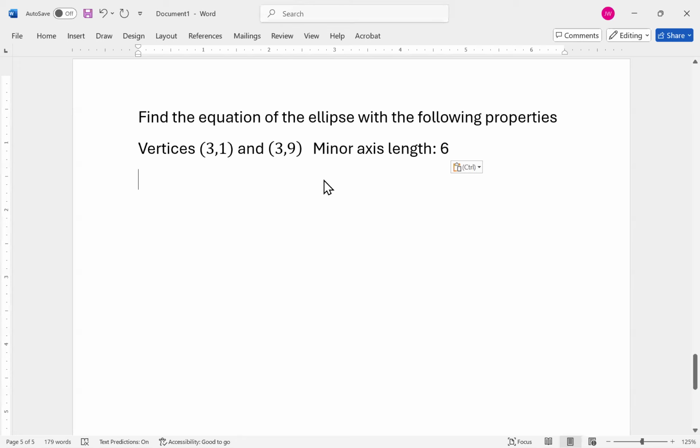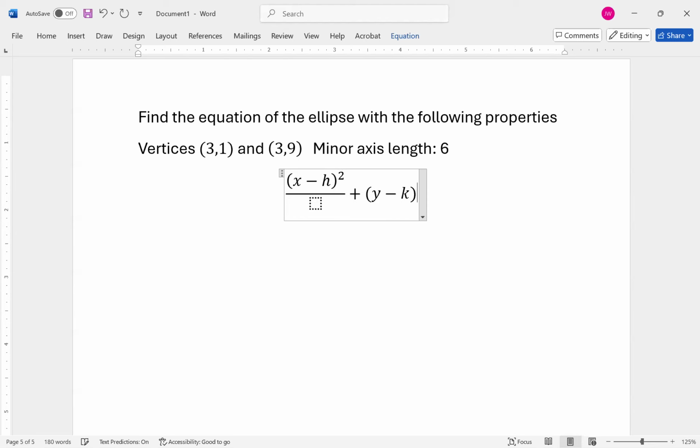Now, this is pretty straightforward as far as creating the equation for the ellipse. The only thing I really need to do is figure out which part has the larger number and which part is divided by the smaller number.